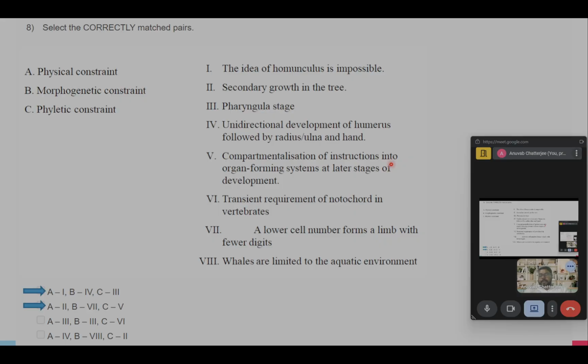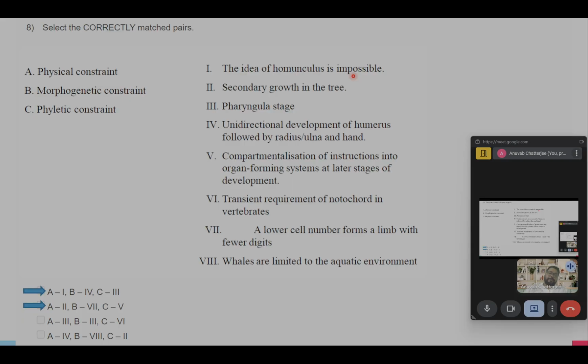So let us now look at the different options. The correct options are the first one and the second one. The first one is A is 1, physical constraint, that the idea of a homunculus is impossible. Homunculus is the idea that our bodies are predefined and pre-built at a very early stage, and we just grow instead of developing into new organisms and forming new structures.